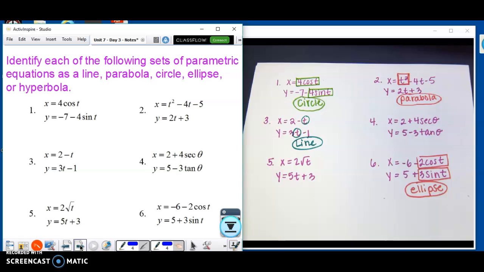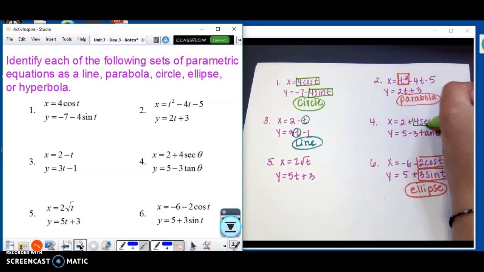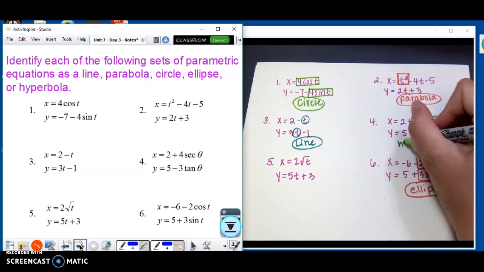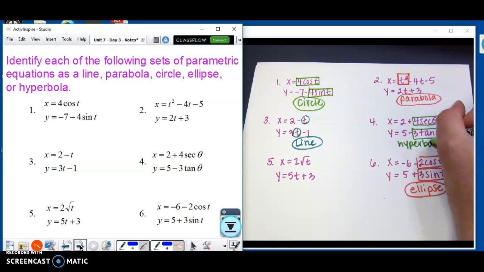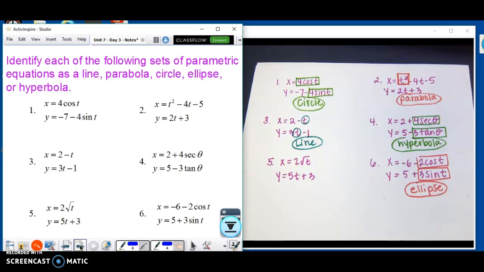Alright, number 4 has this 4 secant and a 3 tangent. So the only type of conic section that has secant and tangent are hyperbolas. So number 4 is going to be a hyperbola. And then number 5 is a little bit tricky. So it does not have a trig function. So it's either a line or a parabola. If you look at just the y, it just has a t, but then you have the square root of t.